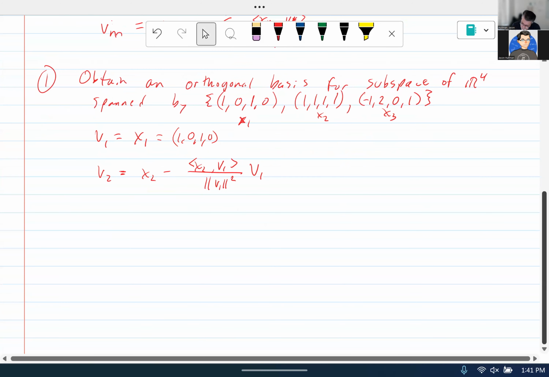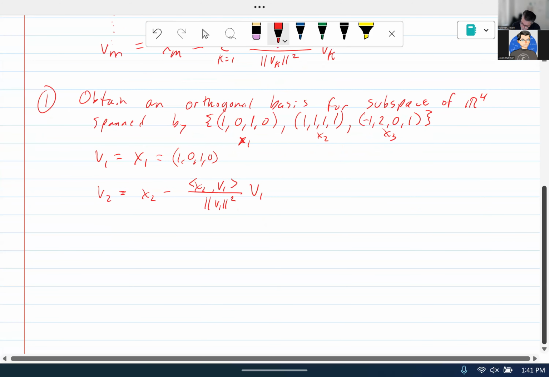Okay, so let's work on our inner product for these vectors, which is just the dot product in R4, the standard inner product in R4.